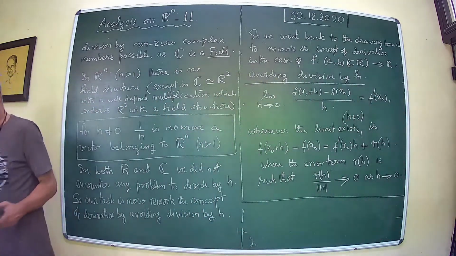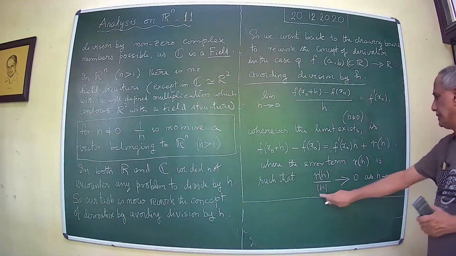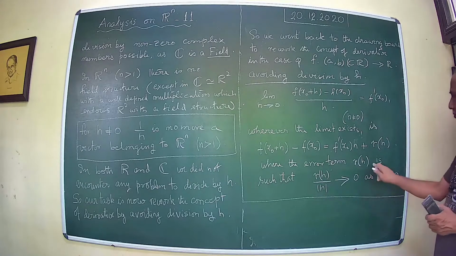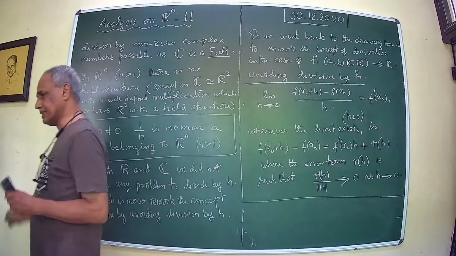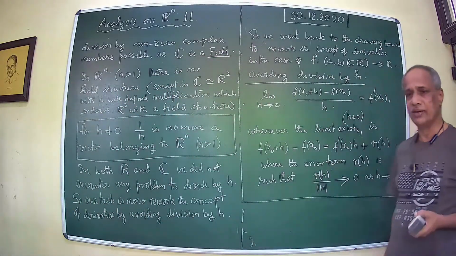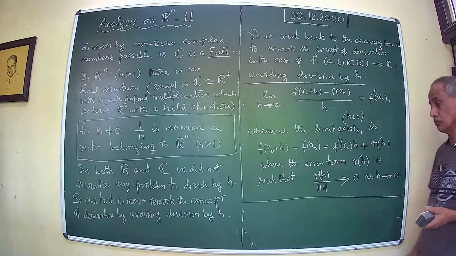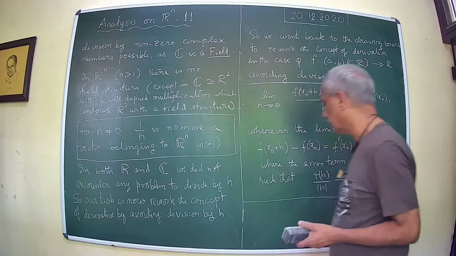Okay, and you also in this context observe that mod h equal to 0 if and only if h equal to 0. So if the norm of a vector is equal to 0, then that is if and only if the vector itself is 0. So we can essentially work with that.